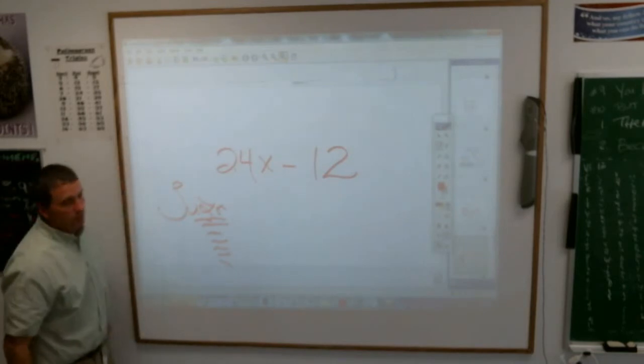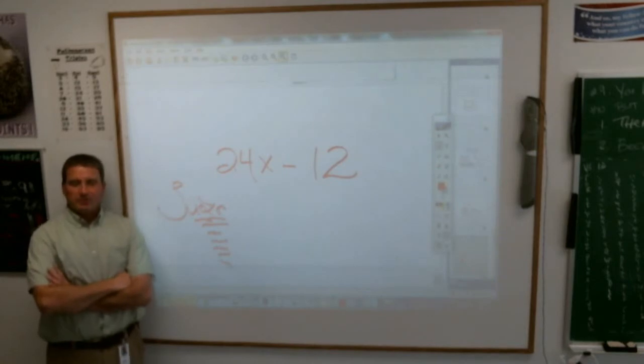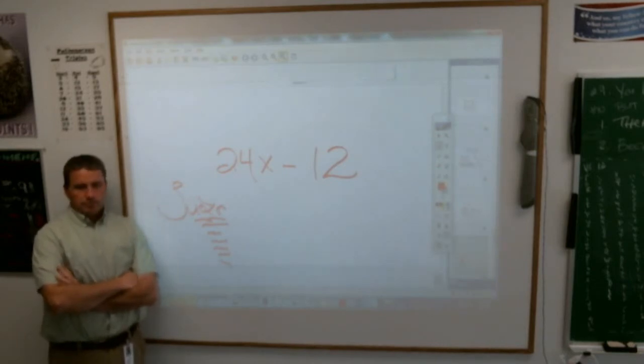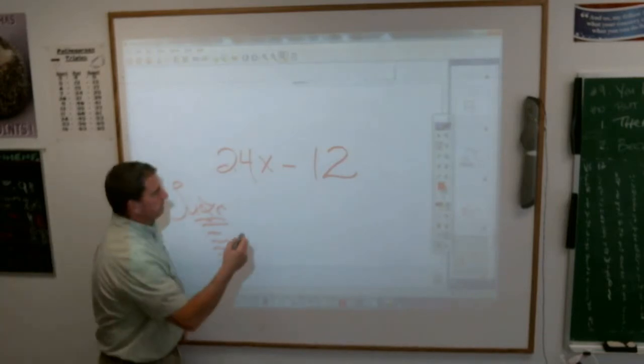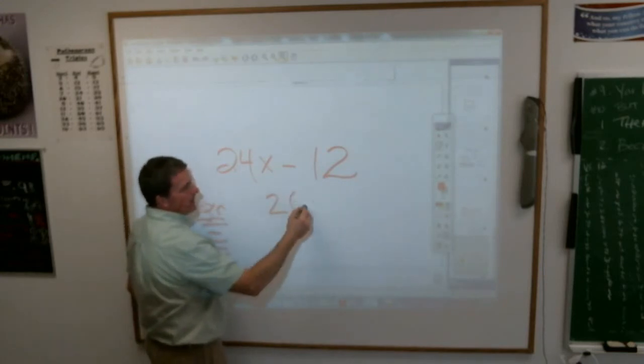Somebody, tell me what you think, pray tell, you would get if I asked you to factor that. So you look at those two things and say, what can I divide both of them by? Andrew? 2 parentheses x minus 1. 2 parentheses what? X minus 1.